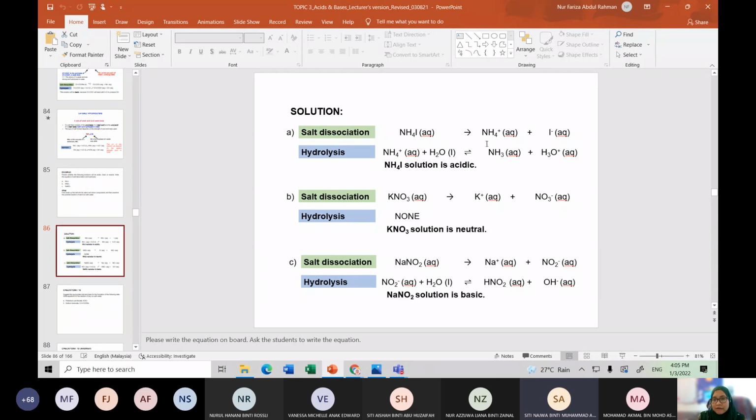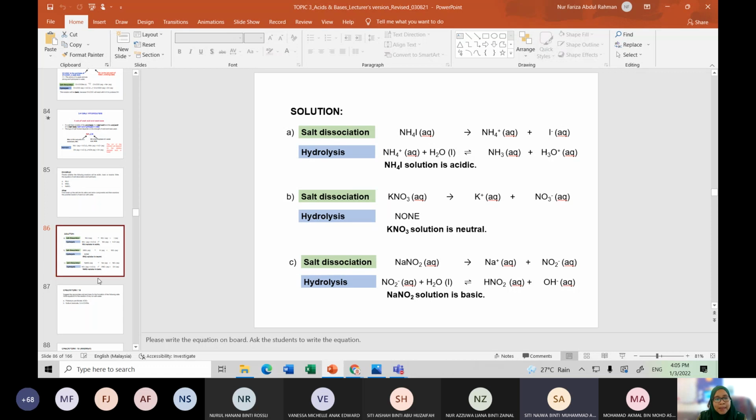Please be careful with the arrow used. For the salt dissociation, it should be a single arrow, whereas for hydrolysis, you have to use the double-headed arrow, the reversible arrow.